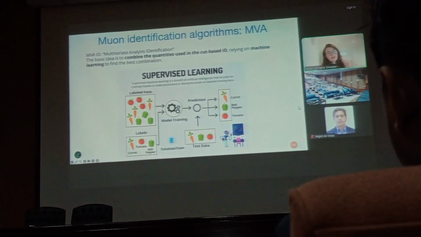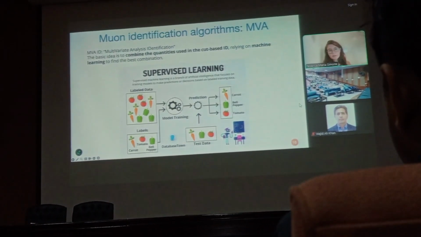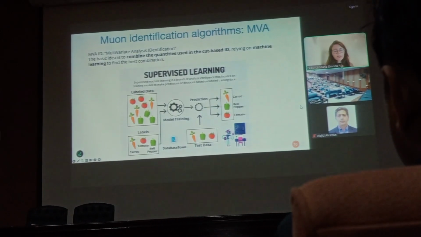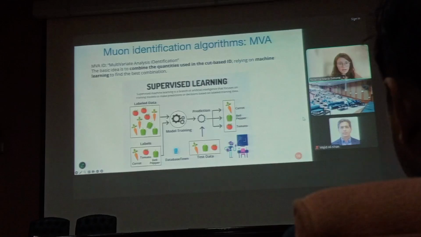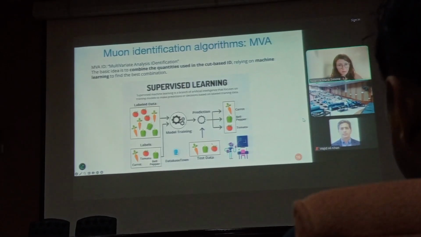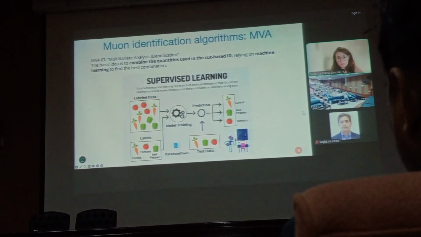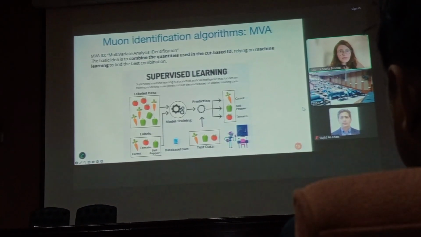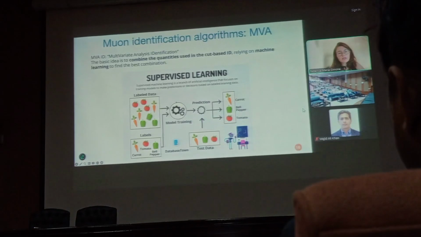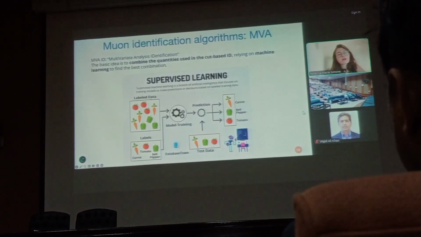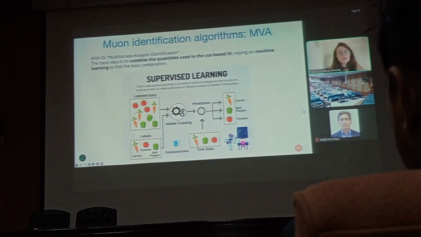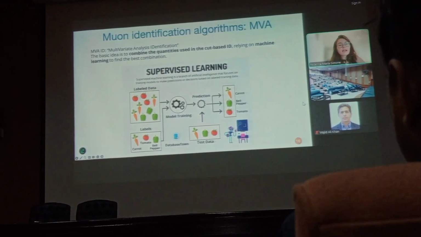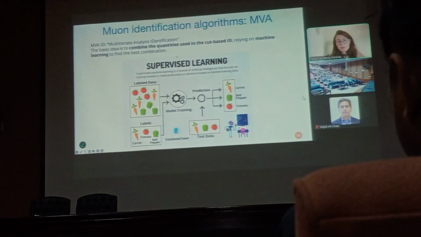Instead of cutting on these variables, so doing a cut-based ID, you train a machine learning model. What we use is supervised learning. More typically, we deal with XGBoost or simple neural networks, so nothing fancy. The idea is that you give your model examples of labeled data, so you know what is background, what is signal, and a list of variables.